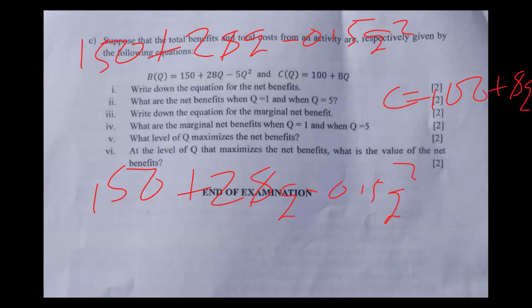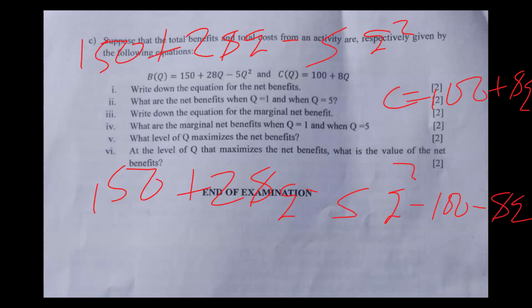Is it 0.5? No, that is not 0.5, it's 5. Use the 5 from the previous question. It is 5, minus 100 minus 80Q.